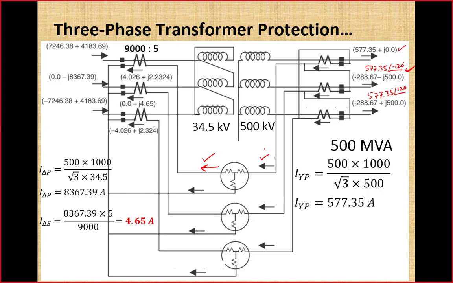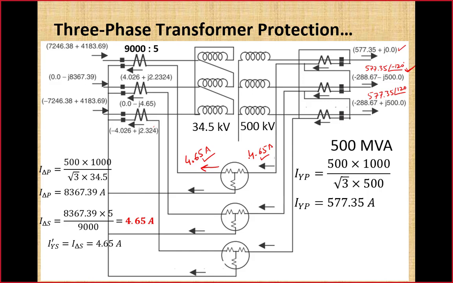And we have already calculated that this current is 4.65 ampere. It means now the CT ratio over here on the Y side of the main transformer should be such that we must have a 4.65 ampere current coming from this side. This is an ideal condition that we will try to fulfill. So this is the requirement.